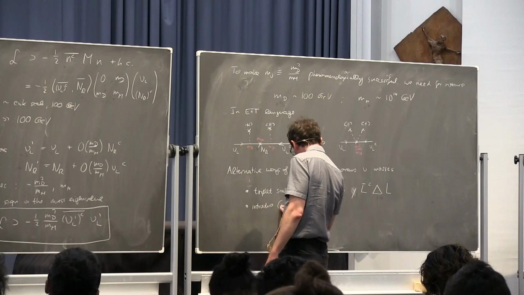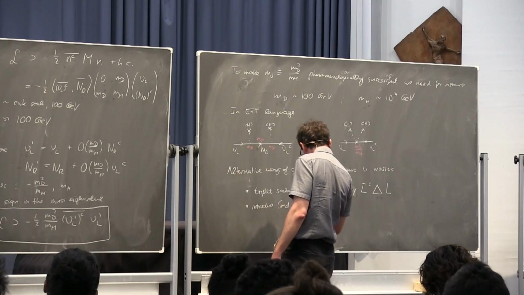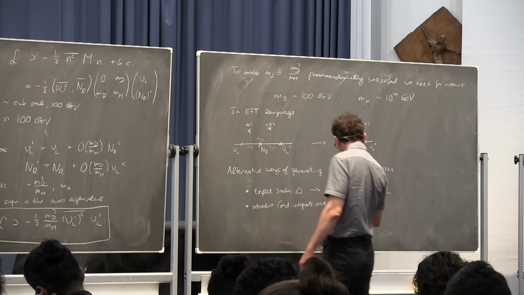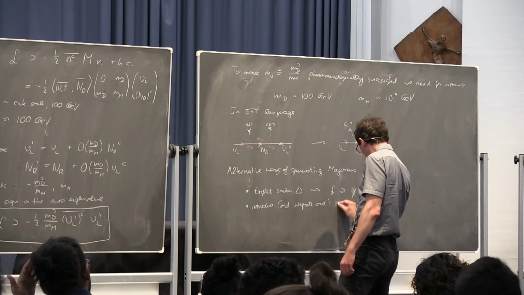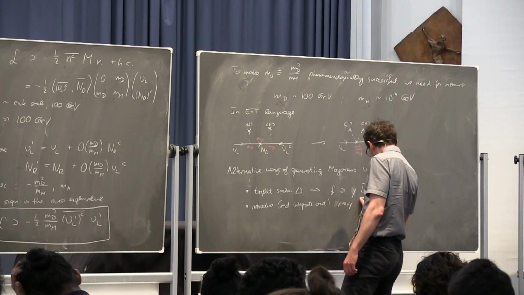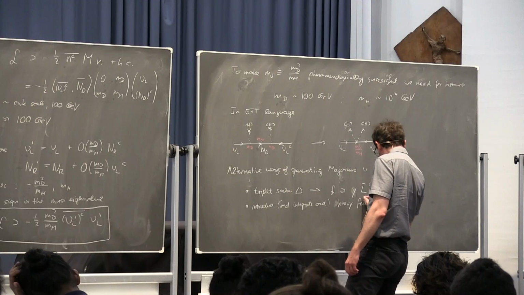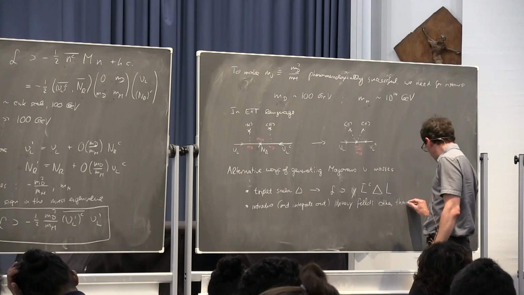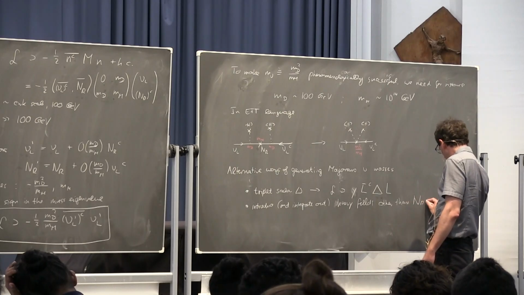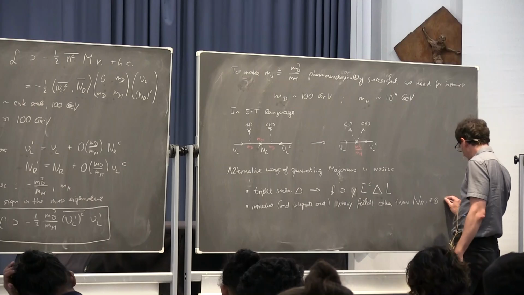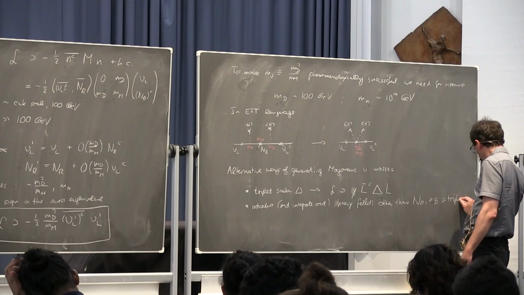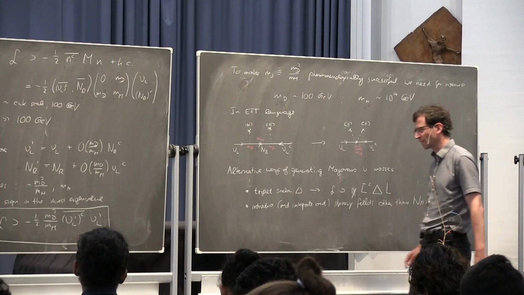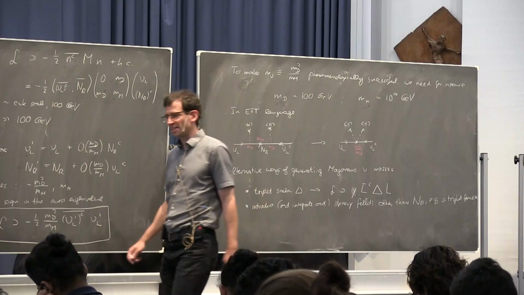So introduce and integrate out heavy fields other than NR. So for instance, a triplet fermion. And you will find these in the literature.